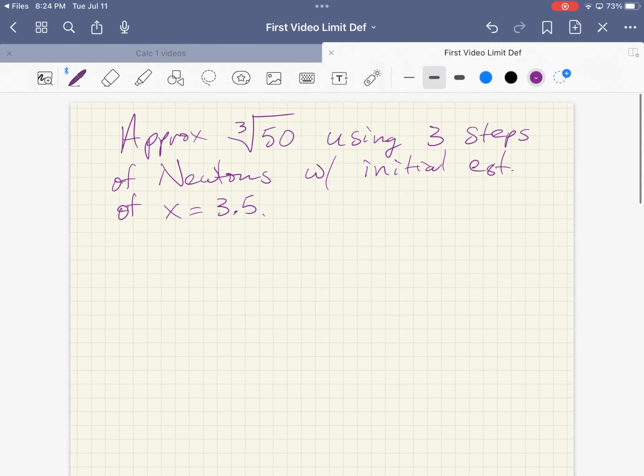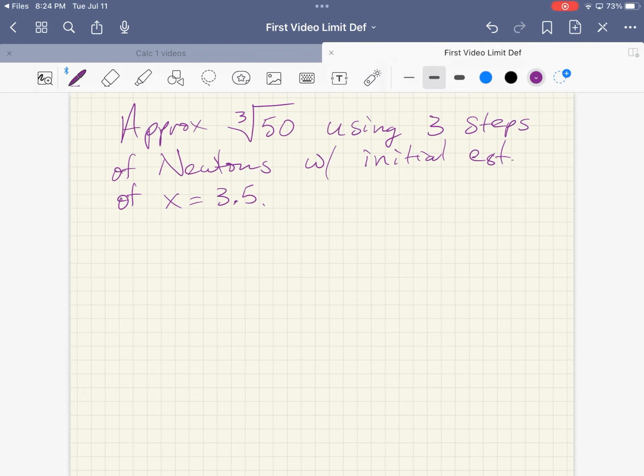Now, the problem with this at the moment is, recall that Newton's method, I want you to remember what it basically is doing. So let's suppose that I have a graph of a function, and let's just say that it looks something like this, and it crosses here at whatever that point is.